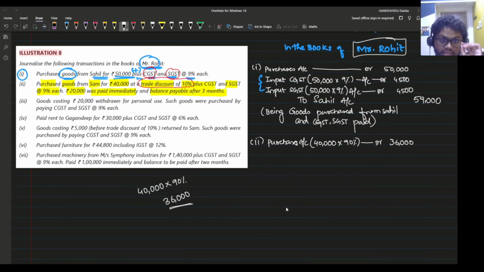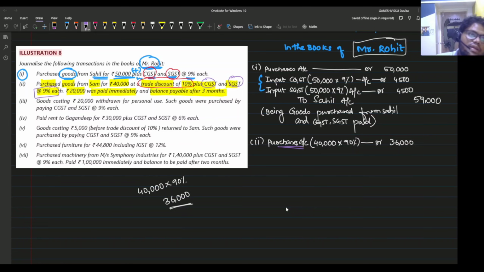As this is a trade discount transaction, we are not going to show 40,000 totally. Also the GST, 9% on both CGST and SGST, is calculated on the amount he is paying, not on the original amount.